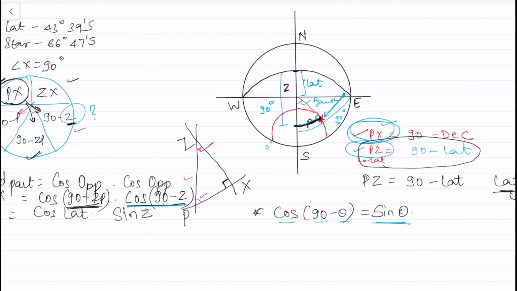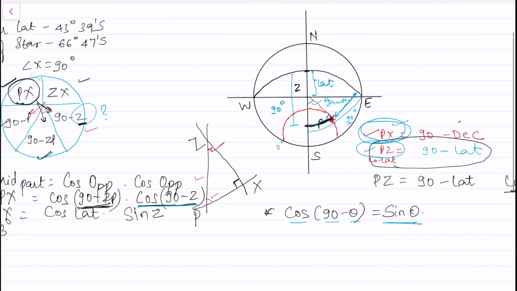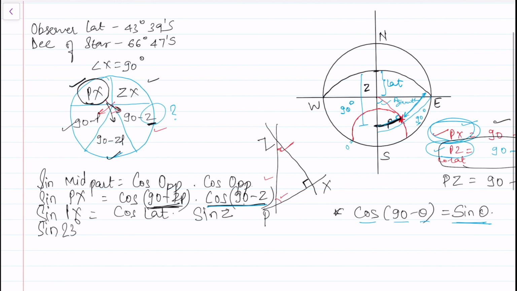Now we will input the values. Sine of PX, where PX is 90 minus declination, which gives 23 degrees 13 minutes. And cos of latitude, that is 43 degrees 39 minutes. And sine of Z, which we have to find out.